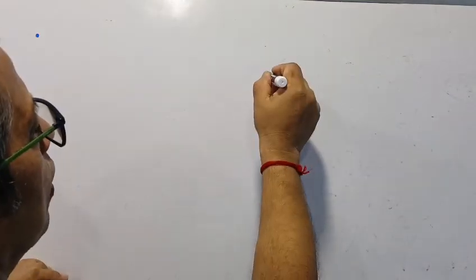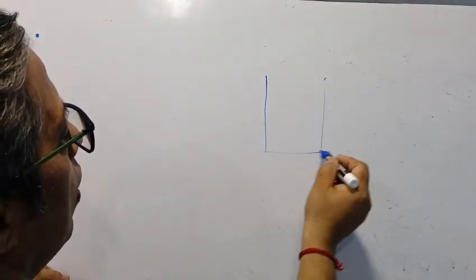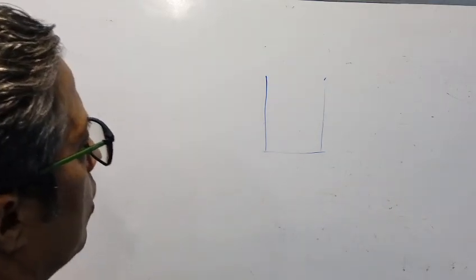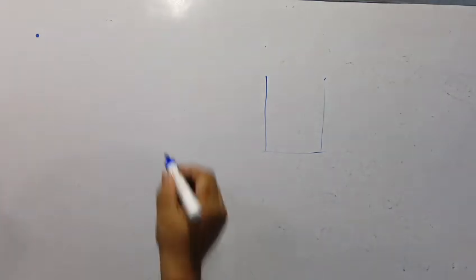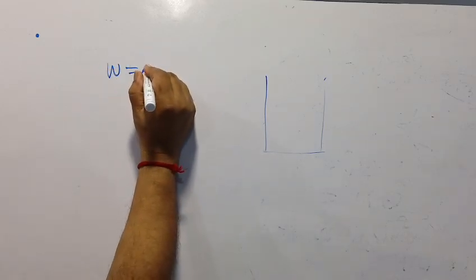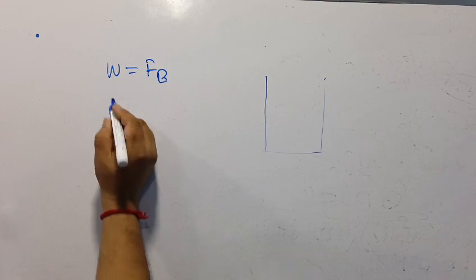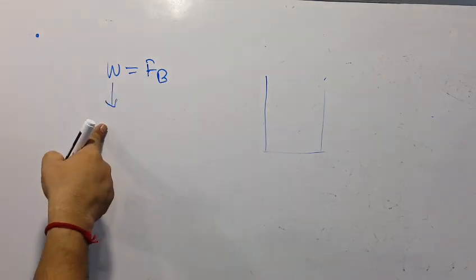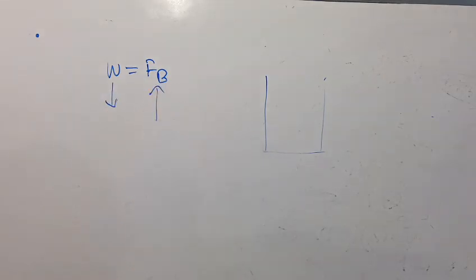The weight of the object will be balanced by the upthrust. So W is equal to FB. W is the weight acting downward, FB is the upthrust force acting upward. So W is equal to FB.